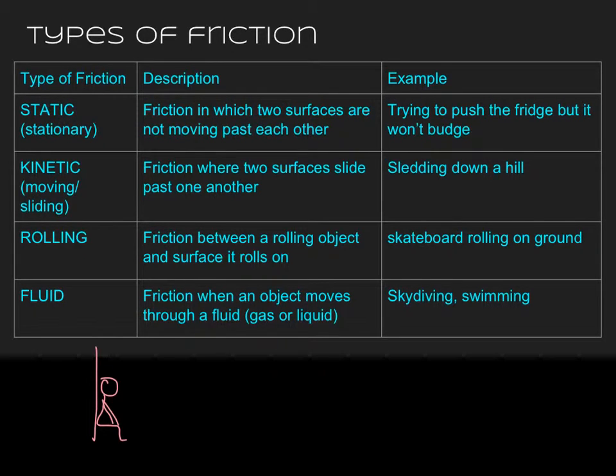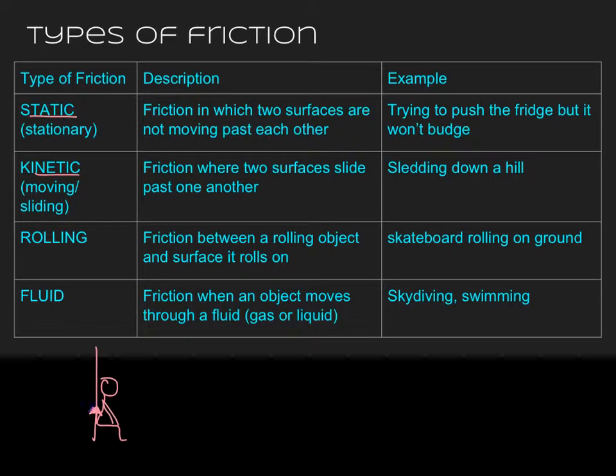So if things are going well and you've got static friction pushing up and keeping you from sliding down, then you're going to have a very nice wall sit. But if you don't have enough static friction, if that's not big enough, then you're going to have this kind of friction, kinetic friction.